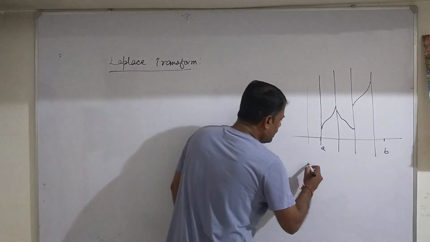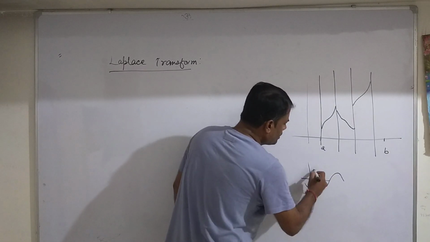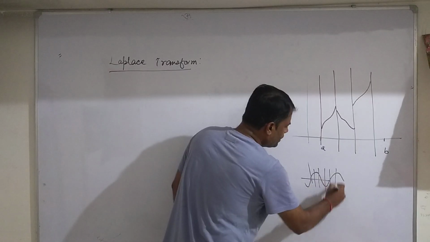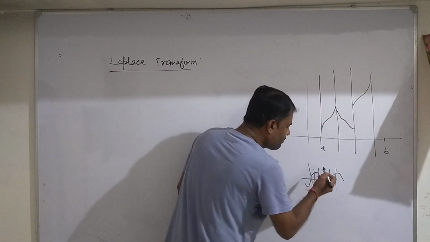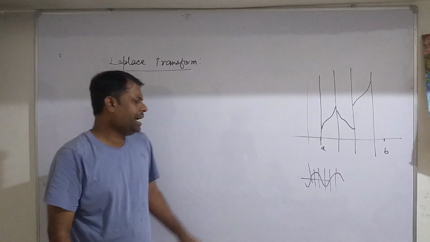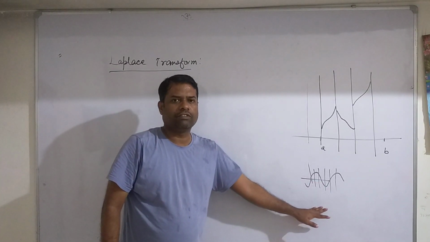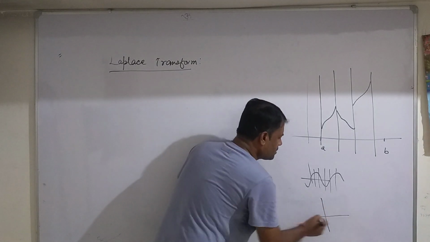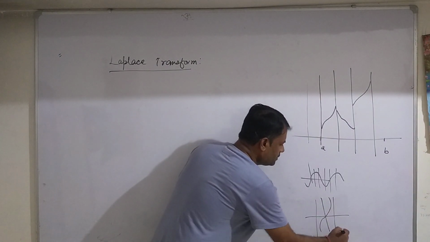For example, if I talk about sin x, so sin x is piecewise continuous because if we divide it into any subinterval, its left hand limit and right hand limit will be finite, and it is also continuous in the subinterval. So it is piecewise continuous. But if I talk about tan x, and we know the tan x is like this and this.